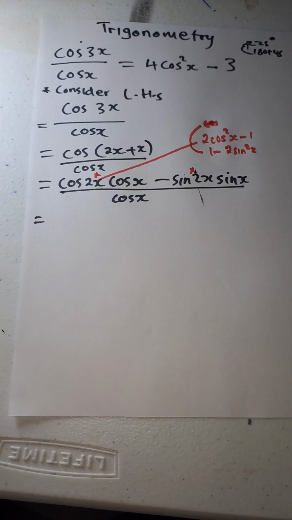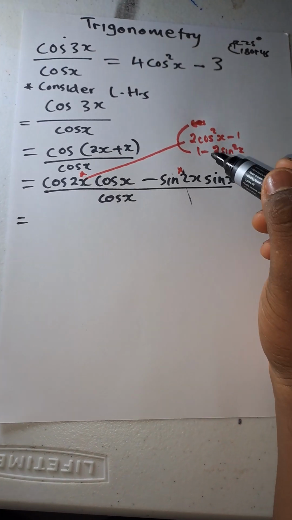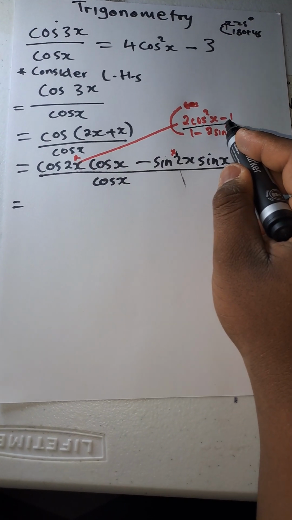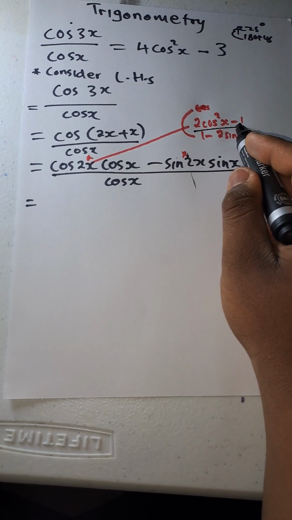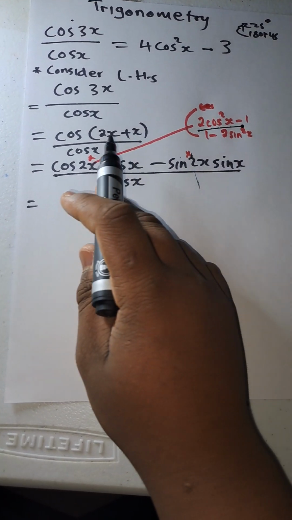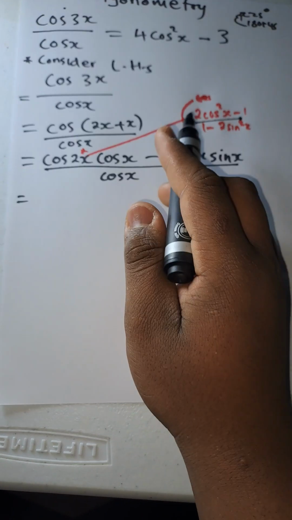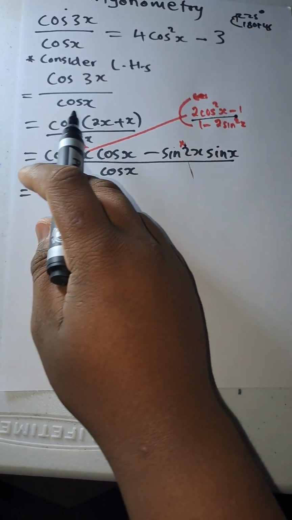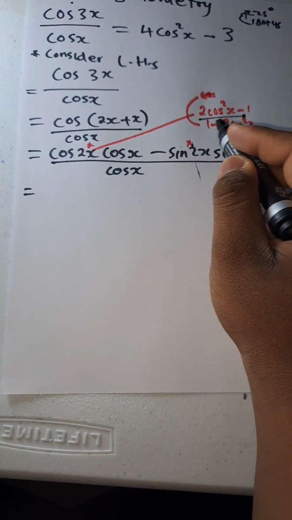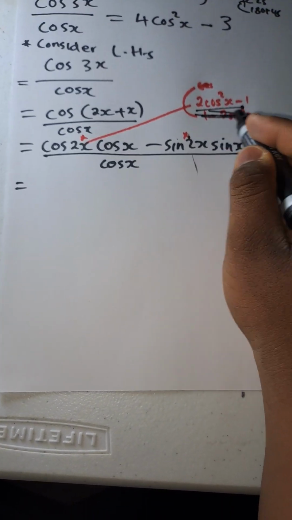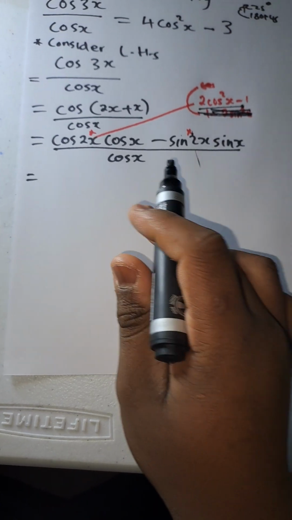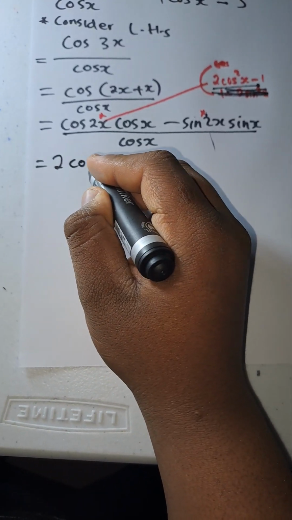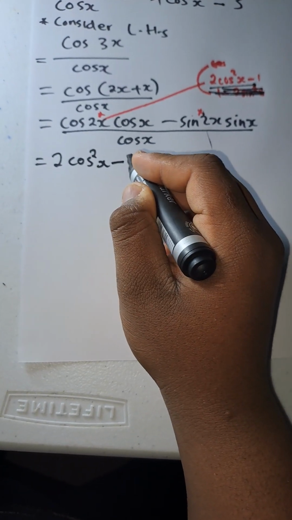So now from what I can see here, I will have to choose this one, 2 cos squared x minus 1, because cos and sin are separated by a subtraction sign. And then I have cos it. So it means I cannot use sine. You understand? So where there is cos 2x, I'm gonna put 2 cos squared x minus 1.